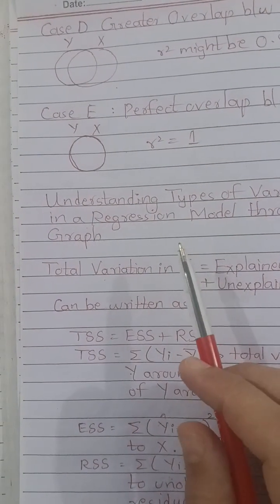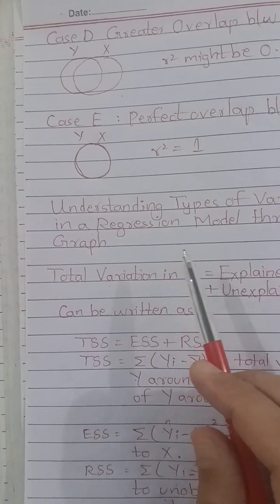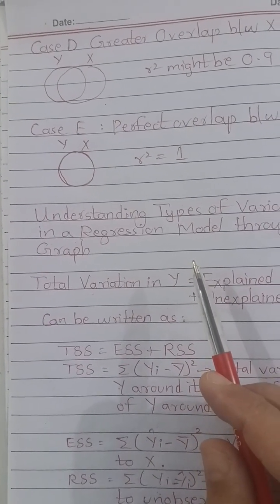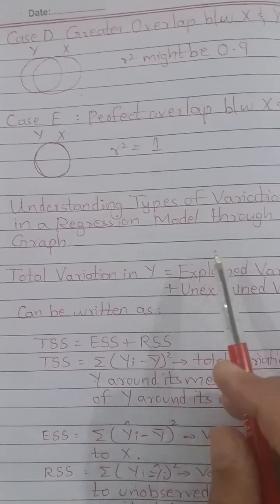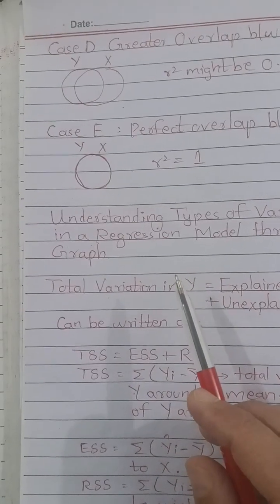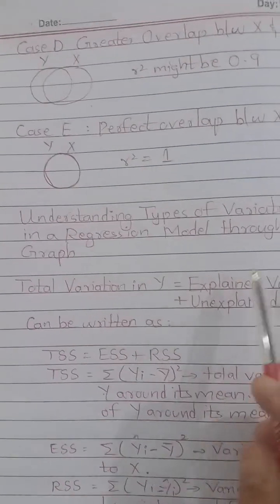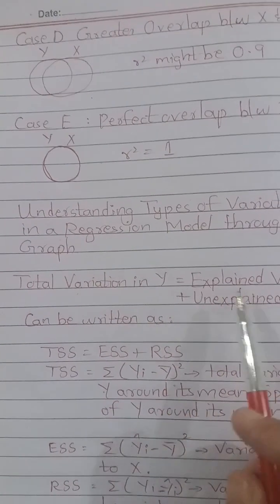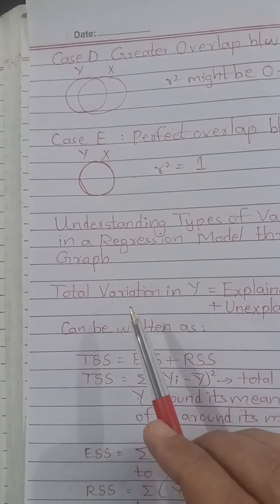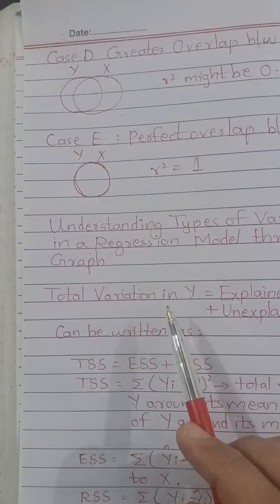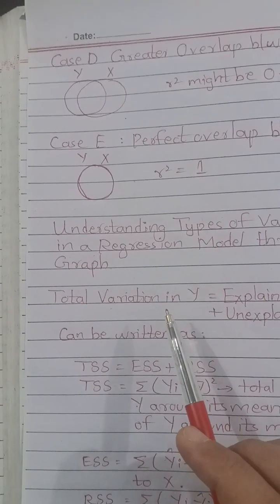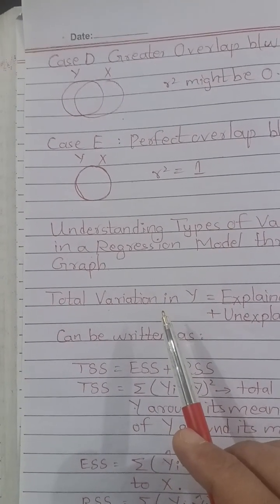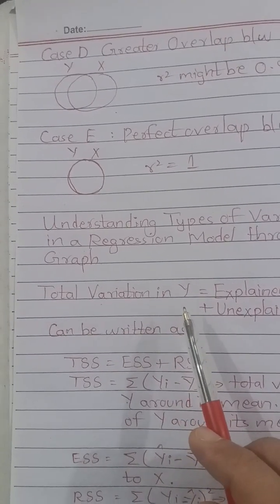I talked about R square, that it is the total variation in y that is explained by our x variables. So how many types of variation in the regression model? There are three types of variation in the regression model. First, it is the total variation in y. It is the scatter of y values around the mean of y.